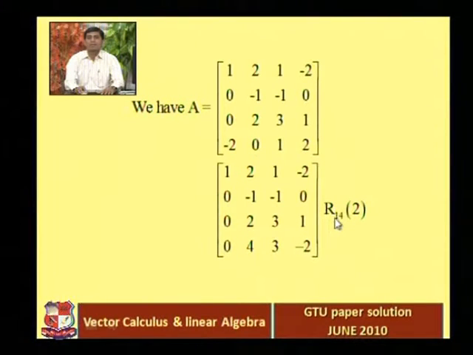The change is in the fourth row. We multiply the first row with 2 and add it to the fourth row, so the fourth row becomes minus 2 plus 2 is 0, 0 plus 2, that is here 4, then 3 and minus 2, right?